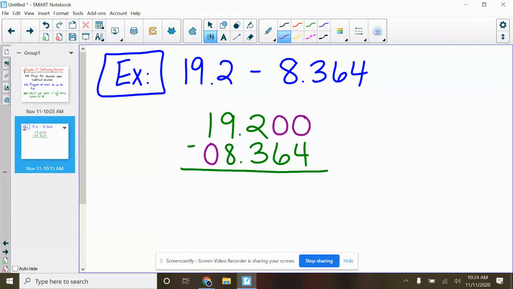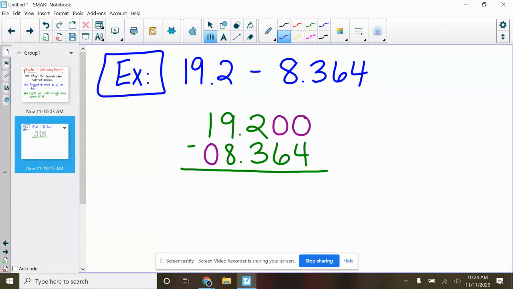And what is my 2 going to become? A 1. Now this is when I want you to say, I'm not a robot student, Miss Malone. I know that when I crossed out that 2 and turned it into a 1, I didn't really borrow a 1. What did I borrow?